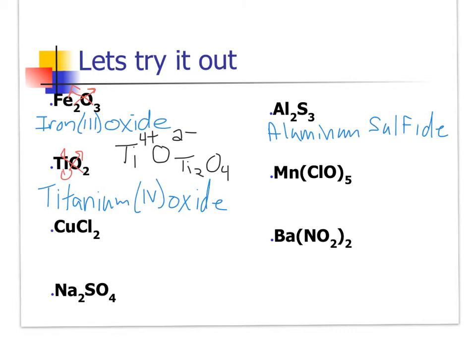Some names go through what are known as common names, and they're so ingrained into chemists' brains that that's what we call them, even though titanium is a metal and oxygen is a nonmetal. So technicalities would say that it should be named titanium 4 oxide, but the common name is titanium dioxide. And that's what you're going to find the majority of the time.